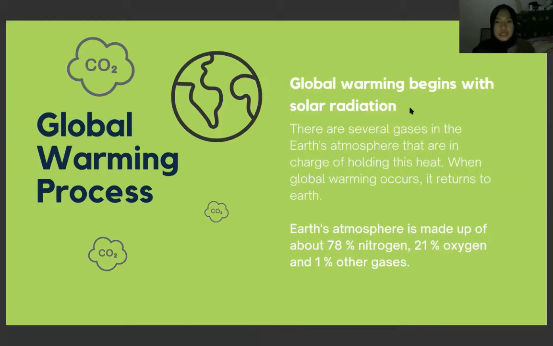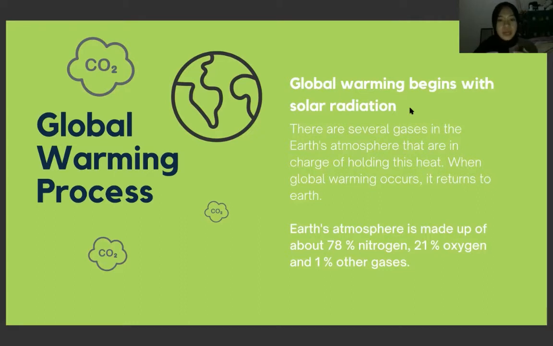Some of these gases are referred to as greenhouse gases, which include water vapor, carbon dioxide, ozone, methane, and nitrous oxide. These gases work as a blanket that protects the Earth. The increase in the average temperature of the Earth's surface occurs due to increased greenhouse gas emissions.